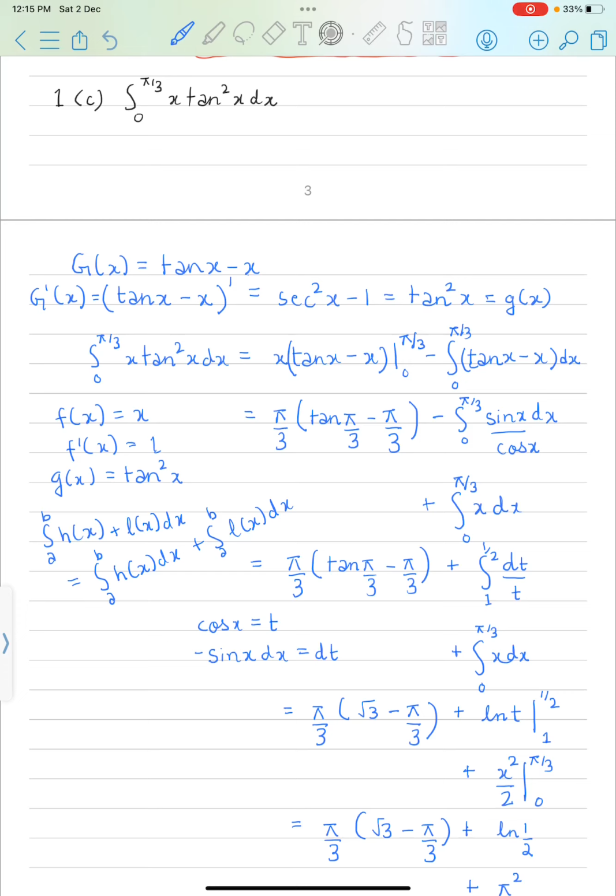This is the property of definite integral, so that's what I'm using here. So I can write tan x dx, then minus minus will be plus plus, so this will be x dx.